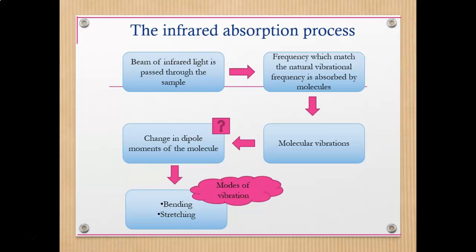This one is the absorption process for infrared. First, a beam of infrared light is passed through the sample, and the frequency which matches the natural vibration frequency of the compound is absorbed. So the molecule in the compound that absorbs light will vibrate, with a change in dipole moment of the molecule, and the mode of vibration of that molecule is either bending or stretching.